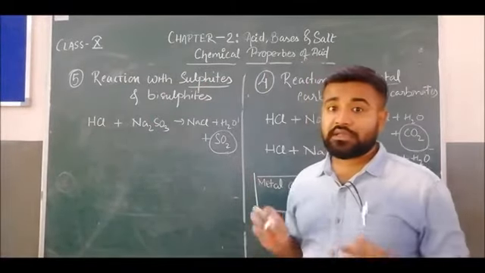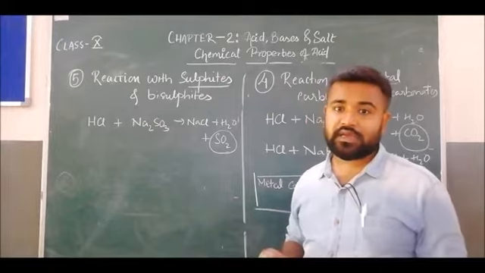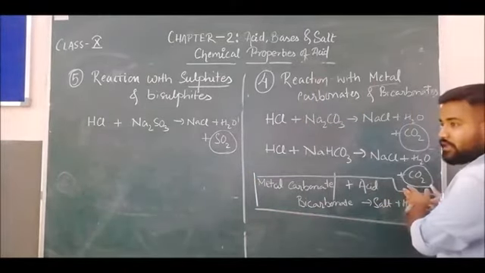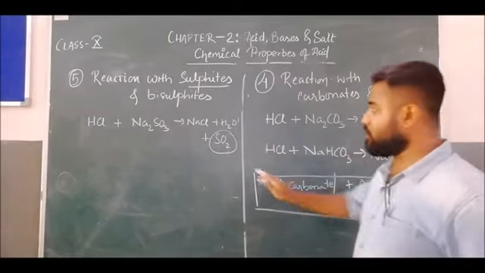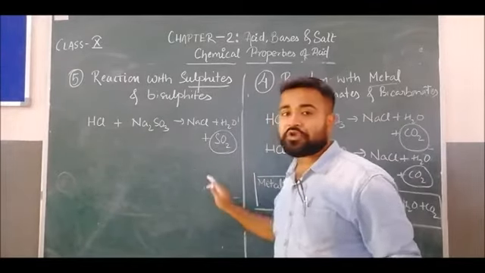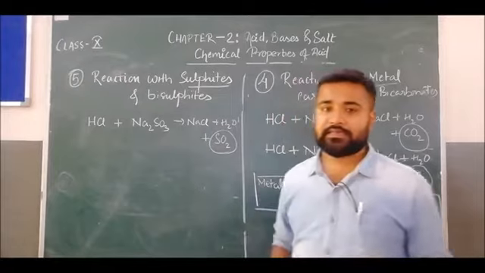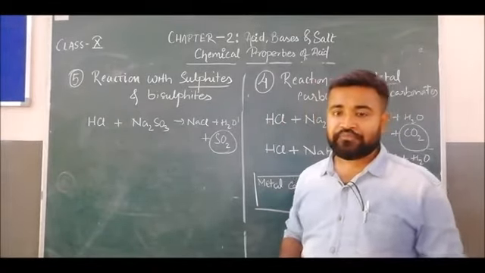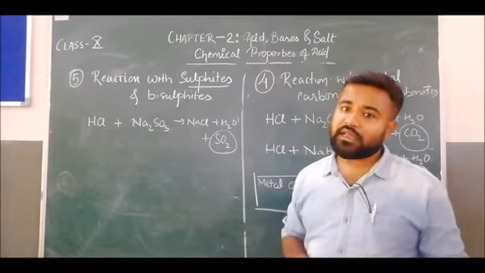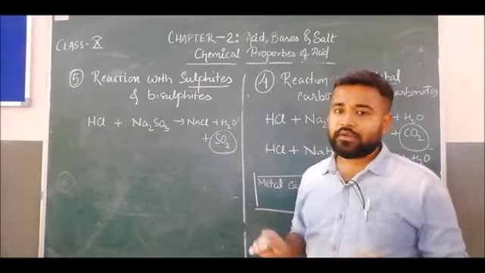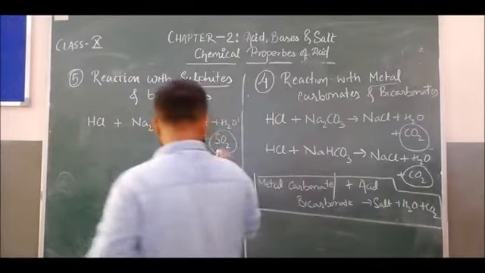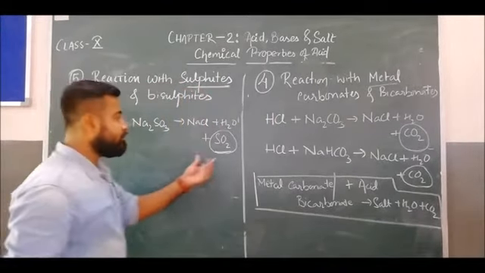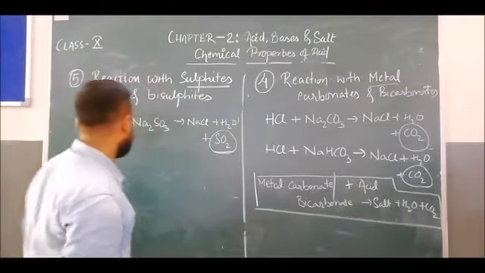Just like carbon dioxide is the feature of the earlier reaction, here the important feature is the liberation of sulfur dioxide gas. Clear? So whenever the acid reacts with the sulfite, it liberates sulfur dioxide gas.